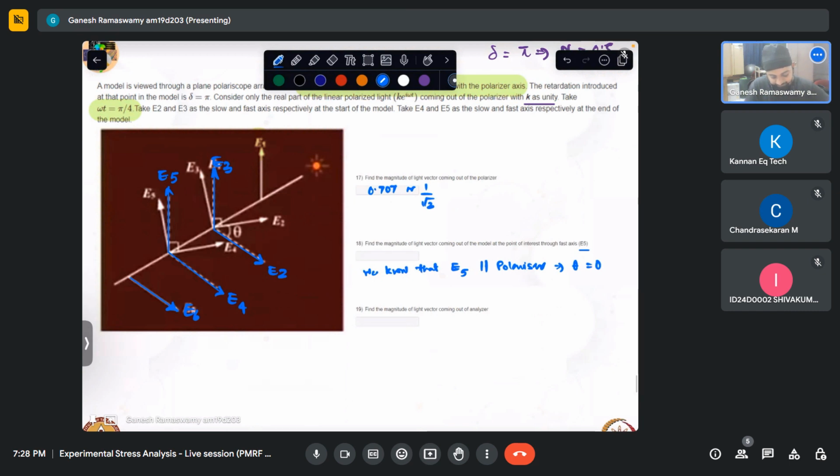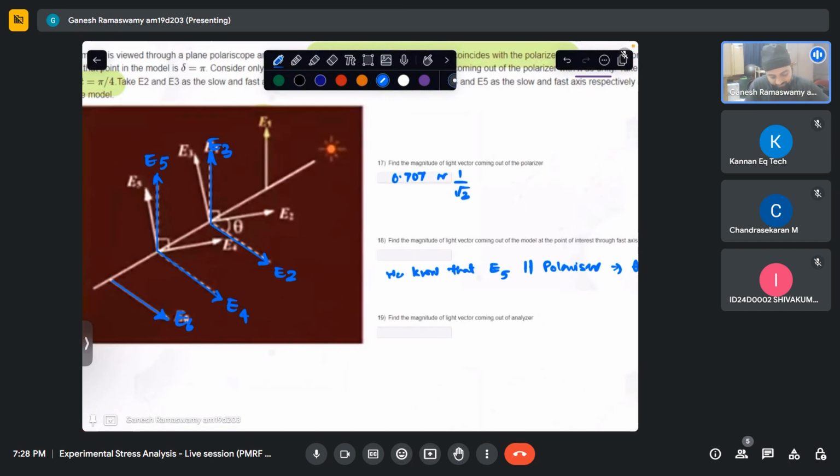So we have light from E1 passing through E3 and then acquiring a retardation as it goes to E5. So what will that E5 be?